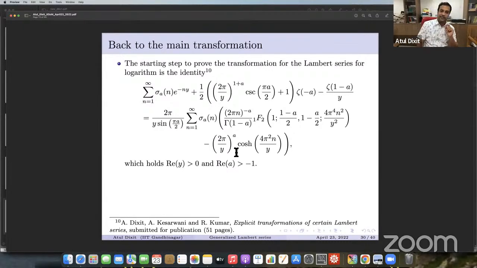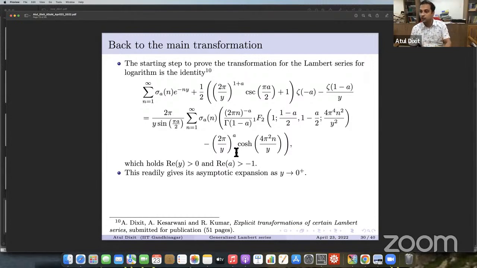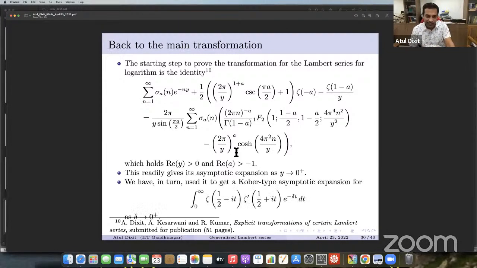Another thing is that with the help of the previous result, we are able to get the complete asymptotic expansion of this Lambert series associated to log as y tends to 0. And that is useful in the zeta function theory because it gives us a Kober type asymptotic expansion for this smoothly weighted moment of zeta half minus it times zeta dash of half plus it as delta tends to 0.